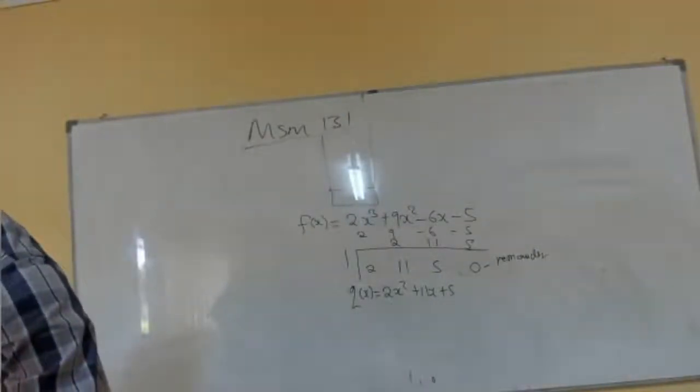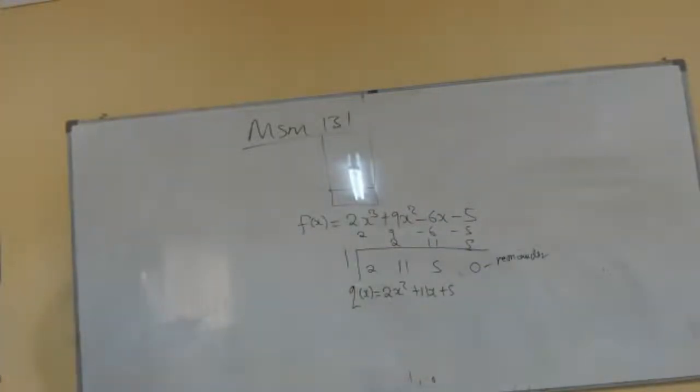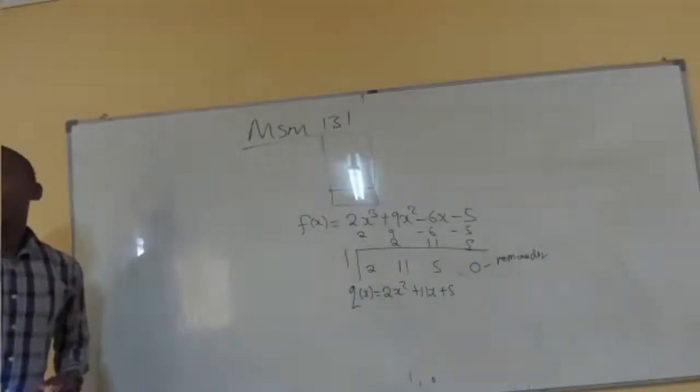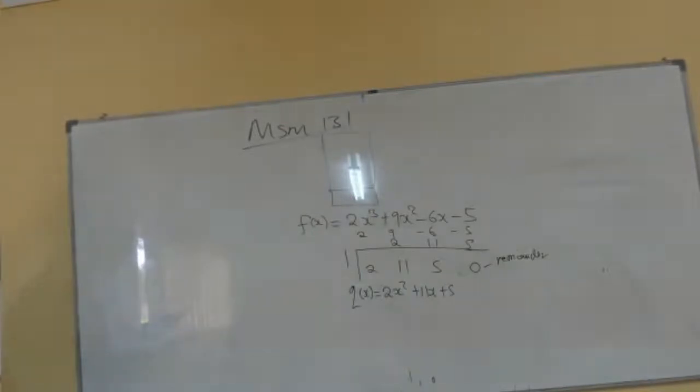Now, apart from that, what else do we need to do? We are supposed to factorize that particular quadratic equation in question. So next I have to factorize it. For me to factorize, we simply look for the product, the sum, and the factors in question. So what are the product, the sum, and the factors?